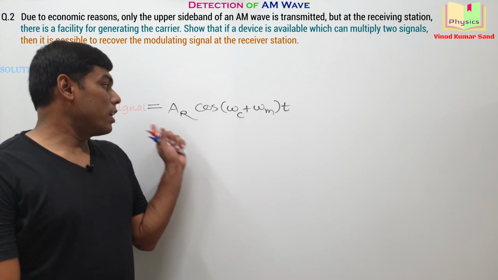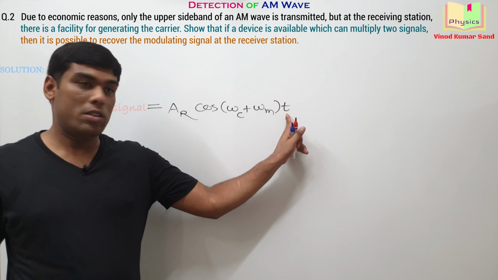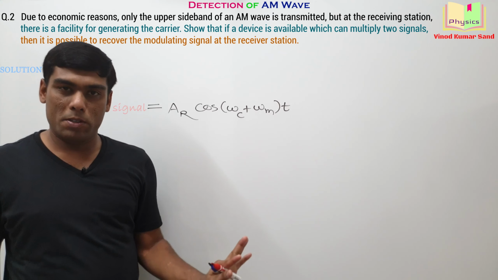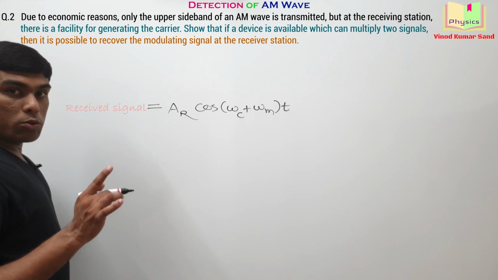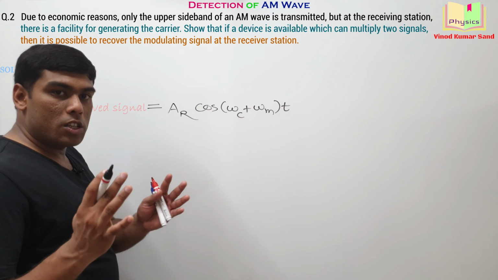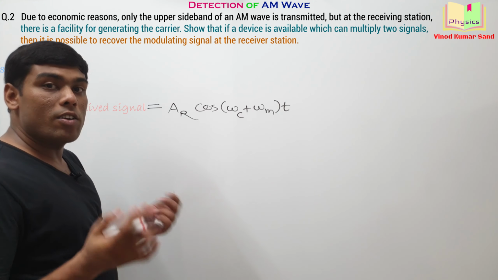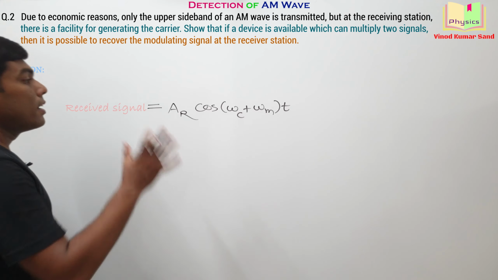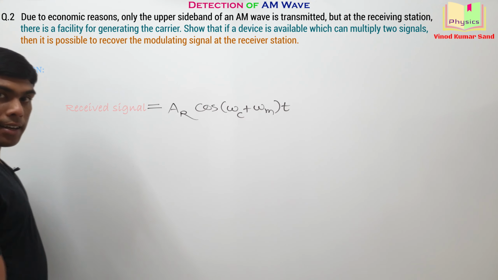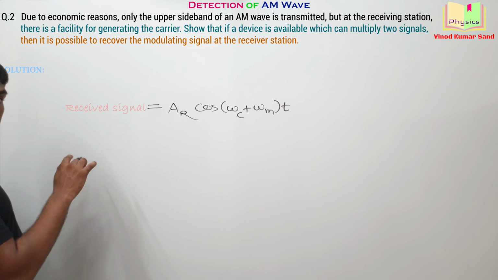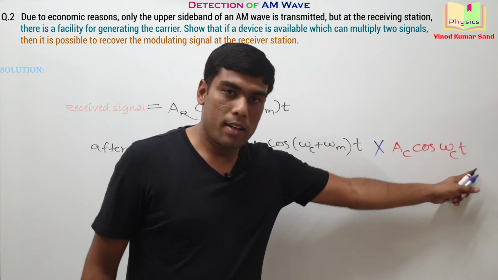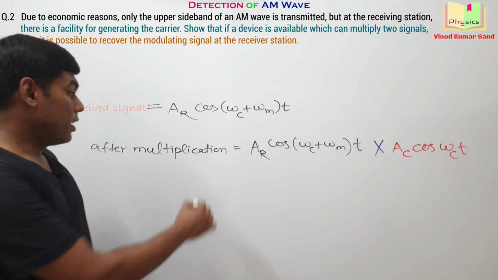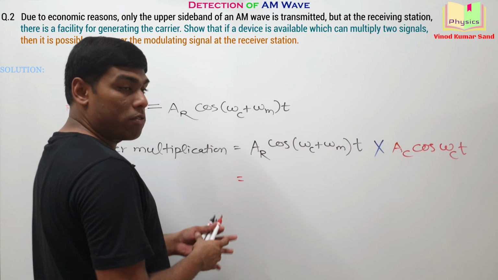According to the question, only the upper sideband was transmitted, so we have received the upper sideband. Now, according to the question, at the receiving station, there is a facility of multiplying the received signal and the carrier signal. So after multiplication, this is the carrier, this is the received signal, and we are simplifying it.